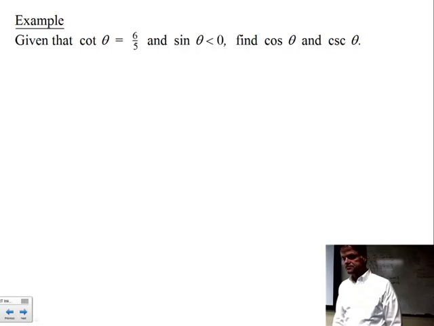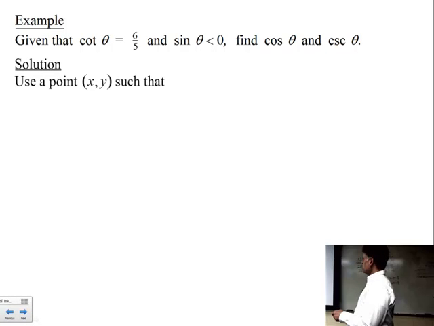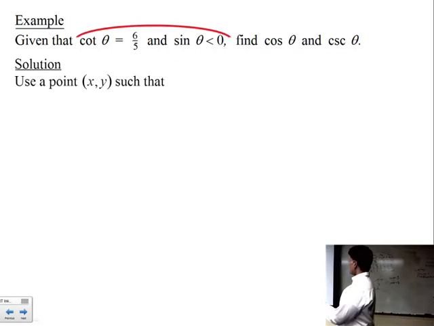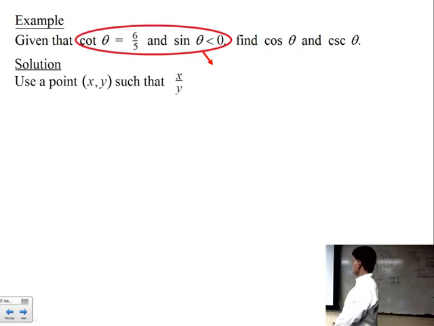So let's do this. We could do the following solution. Choose a point (x, y) that gives you the cotangent being 6/5 and the sine being negative. So cotangent of theta is x over y. So we want x over y to be equal to 6/5. So you could take x equals 6 and y equals 5.